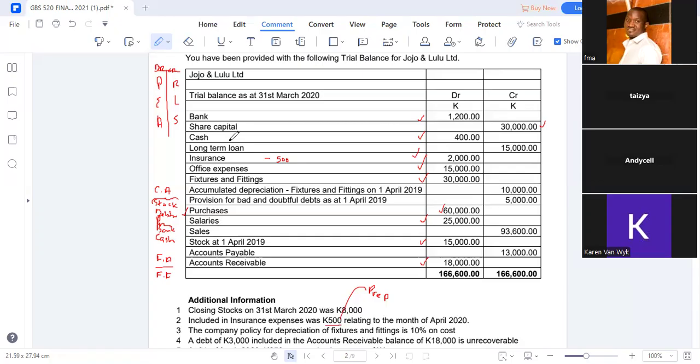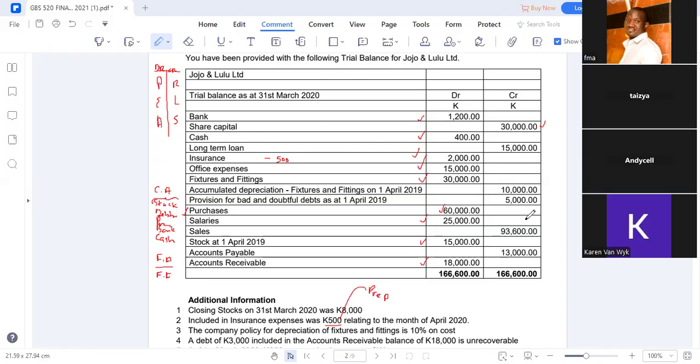Yeah, we have share capital, share premium, valuation, retained earnings, and the treasury share certificate. So, share capital. Then we also have liabilities, which always have a credit balance.